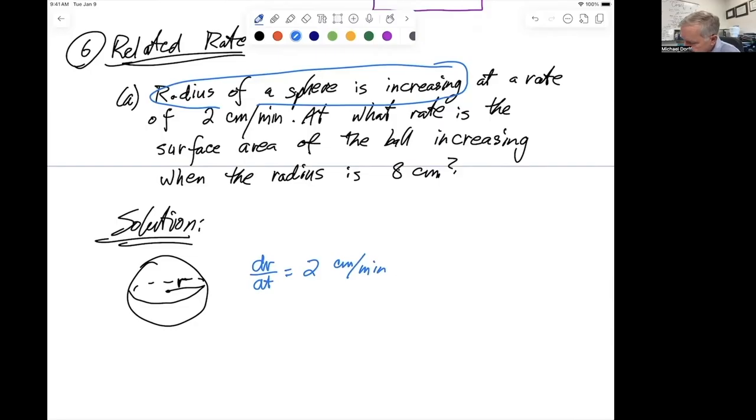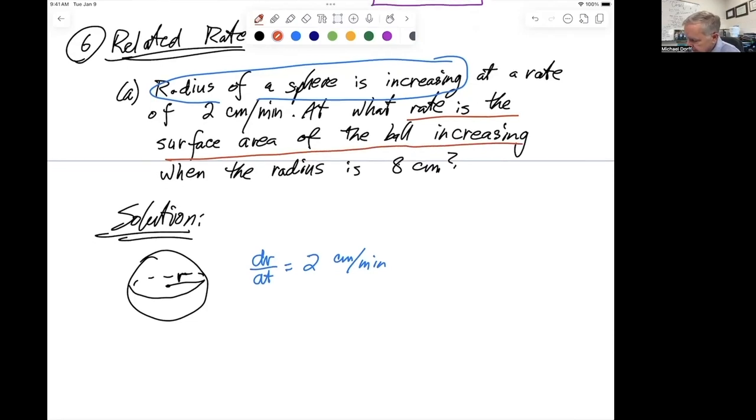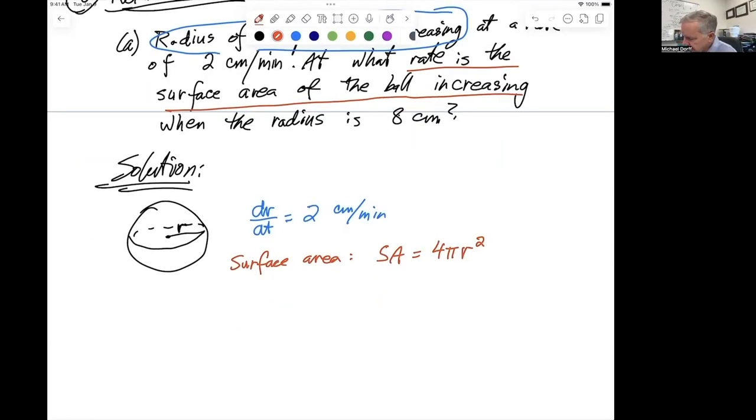And then they ask, at what rate is the surface area of the ball increasing? So we need a formula for the surface area of the ball. The surface area is 4 pi r squared. Now, this is a formula that I would think they would give you.